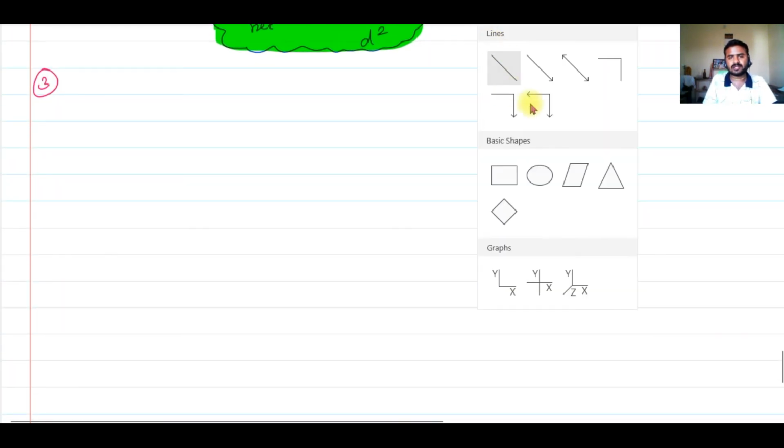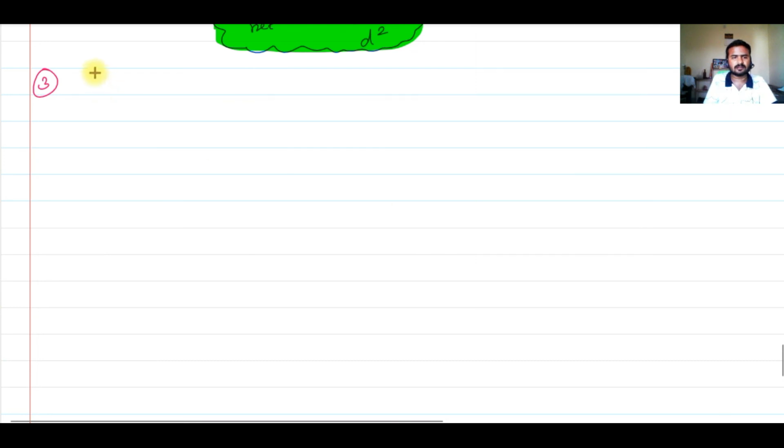The third question is, let us say I keep charges at the corners of a right angle triangle. Same problem, but I have kept equal charges at the corners of a right angle triangle. So I have a charge Q here, a charge Q here, a charge Q here, and the distance between these two charges here is d, here is also d.